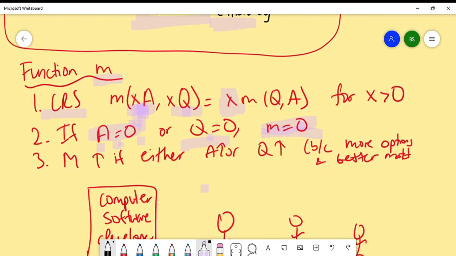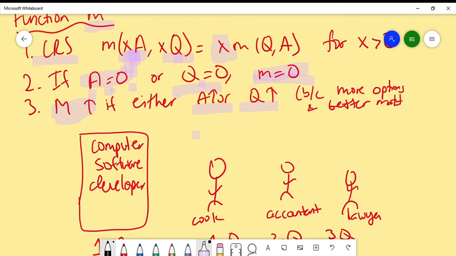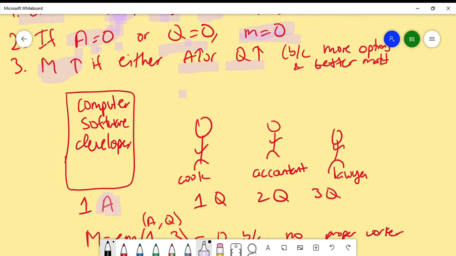Third is if either A increases or Q increases, then the total number of matches increases. Now you might ask, what if we have one company, so 1A, and then we have 3Q, and then the Q increases? How would that increase a match? Shouldn't it be if the smaller number increases? Well, let's imagine that each of the 3 workers is not applicable to the company that's looking for a developer.